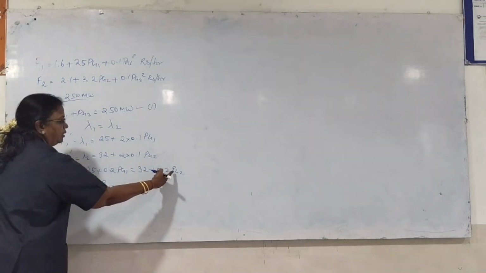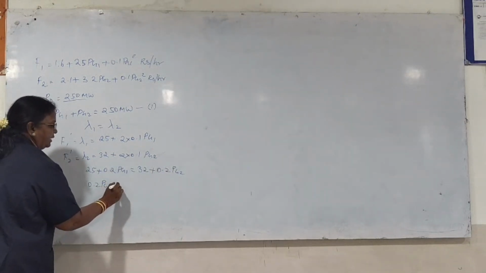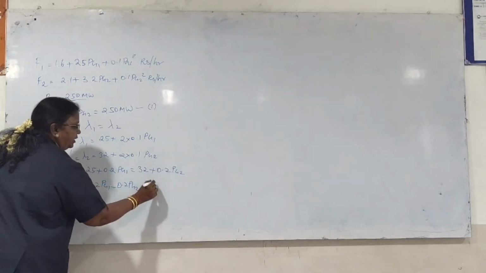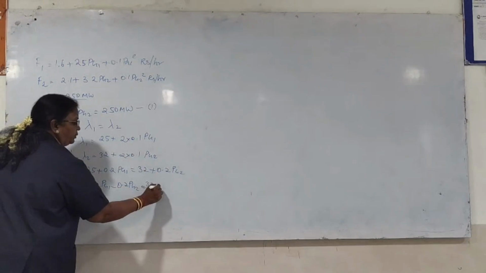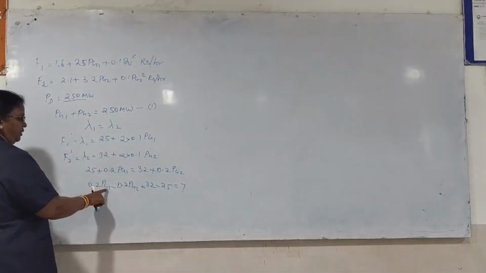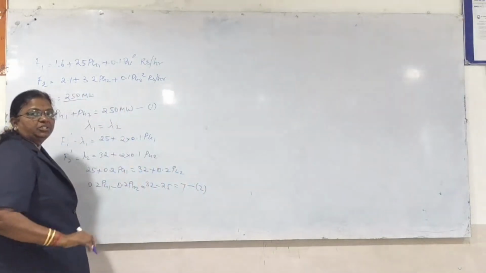You bring the 0.2 Pg2 to the other side, so you will get minus 0.2 Pg2. The 32 you bring to the other side, so you will get 7. So 0.2 Pg1 minus 0.2 Pg2 equals 7. You can have this as the second equation.